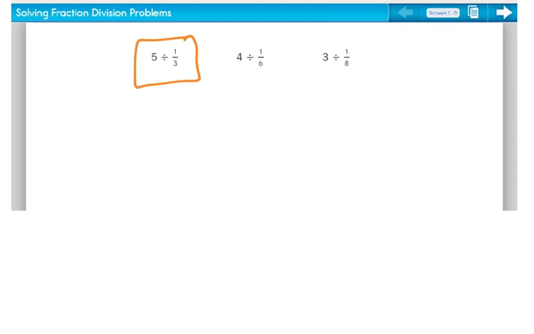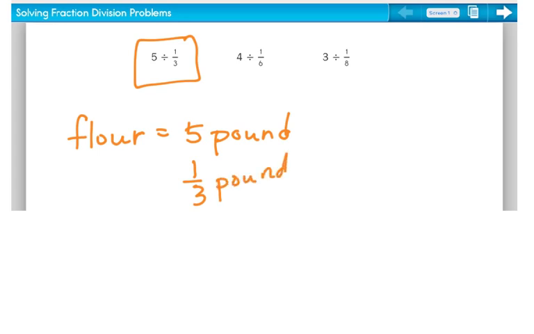So let's imagine that flour comes in 5-pound bags, and a restaurant has a 5-pound bag of flour and they use 1/3 of a pound each time they make a batch of pancakes. Dividing 5 by 1/3 would tell me how many batches of pancakes the restaurant can make with that 5-pound bag of flour.